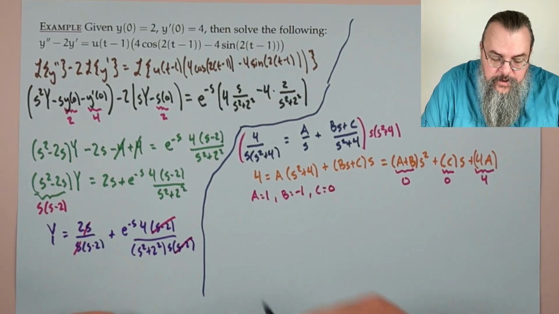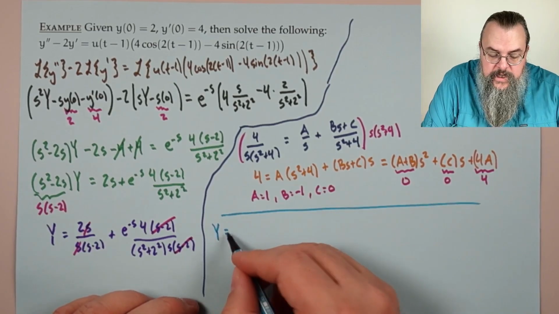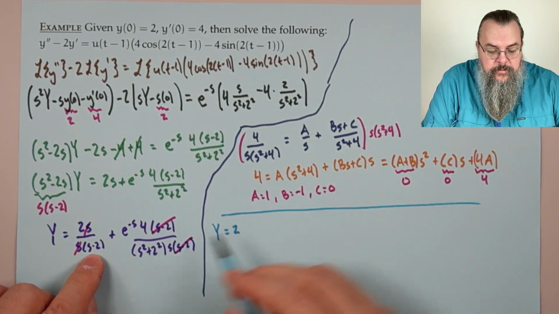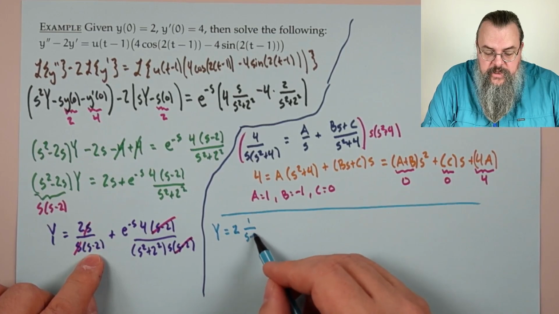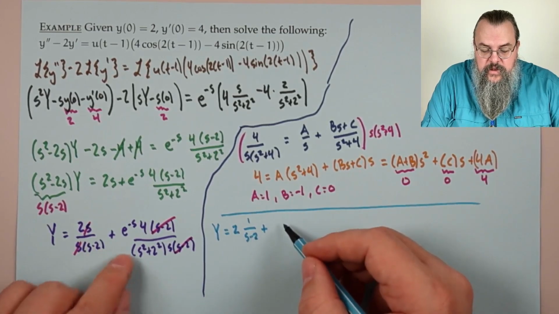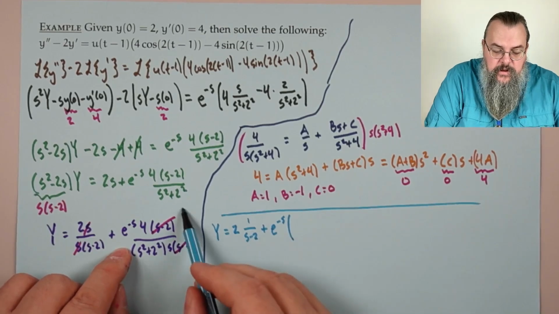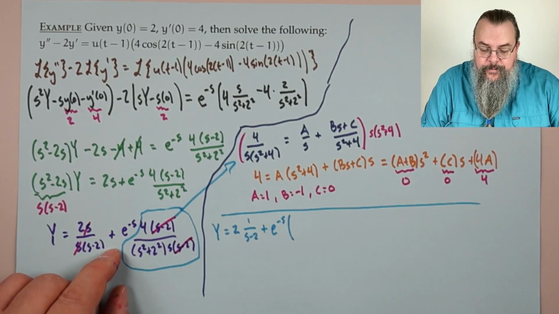All right, and so we get the following. Okay, so we are now going to update our Y. Y is 2, right, because we have that 2 there, then 1 over s minus 2 plus e to the minus s times, so all of this part right here, that's that partial fraction we just carried out.